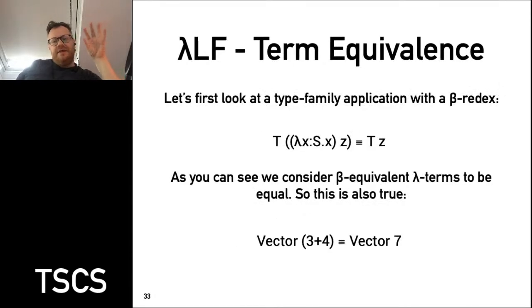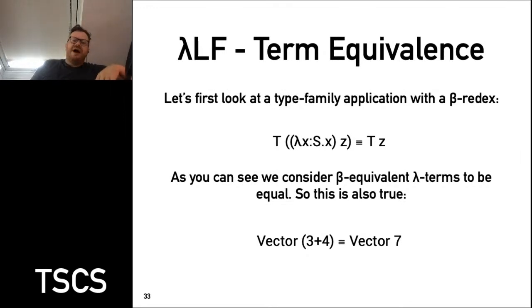Okay, let's look at what that means, because term equivalence is quite complex. We postponed that, and now let's do that. Let's first look at type family applications with the beta redex, so beta reducible expression.